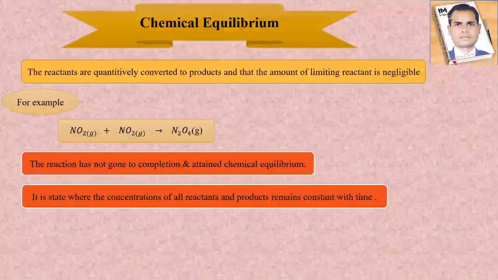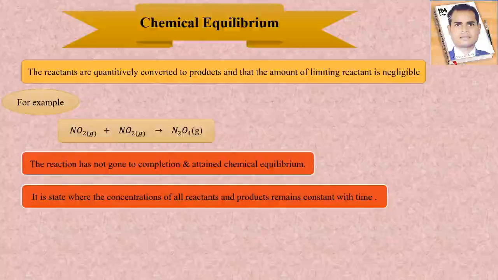When NO2 is placed in an evacuated sealed glass vessel, it is found that the initial dark brown color decreases in intensity as it is converted to the colorless N2O4.